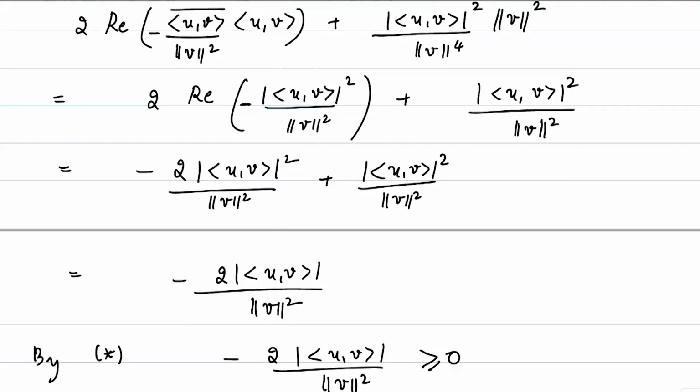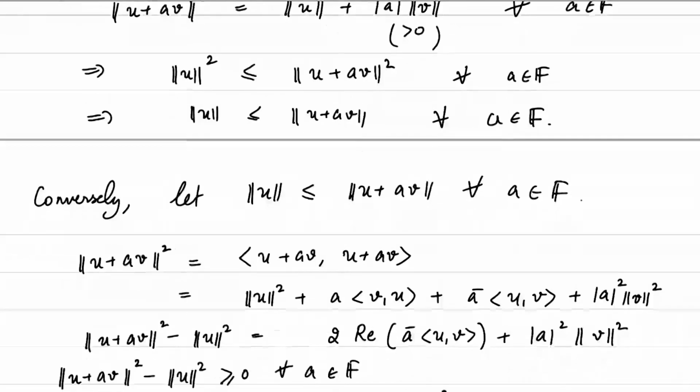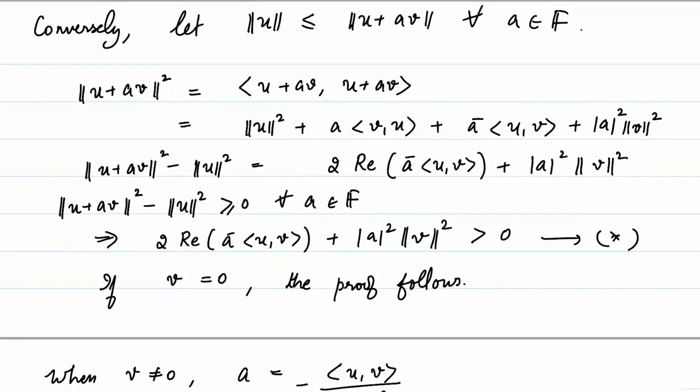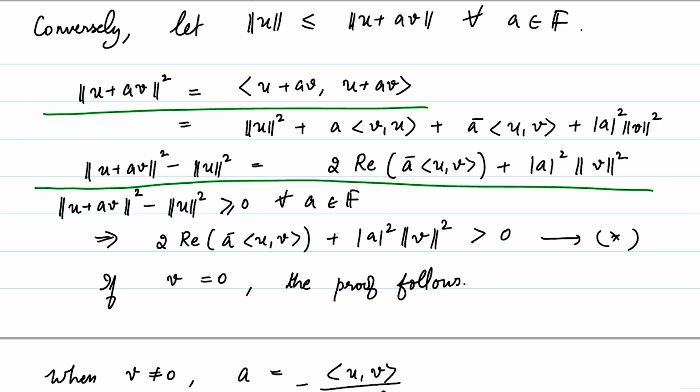So let's just quickly go back to see what we have done. What we have done is that we wrote down the expression for the length of u plus a v square, and from there we managed to get hold of an equality of this sort, and we know that length of u is less than or equal to the length of u plus av.